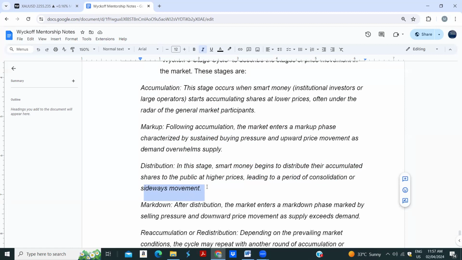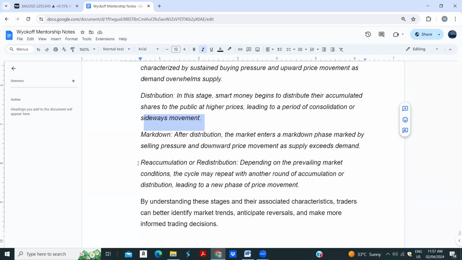The public are buying the shares from the smart money at higher prices, and this leads to a period of consolidation, sideways movement, or a ranging market.